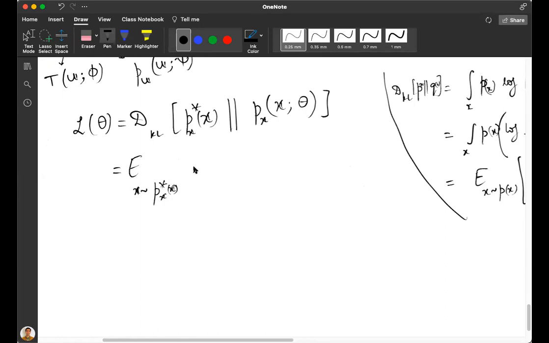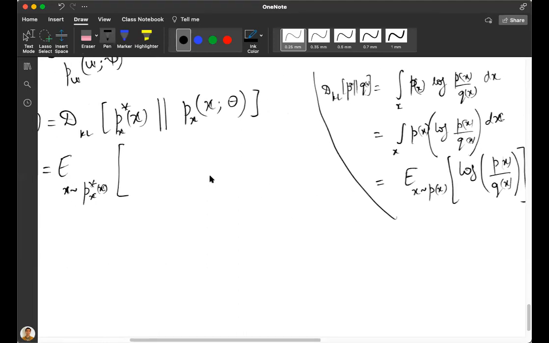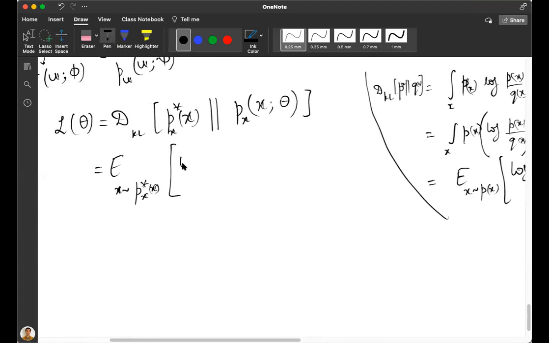And expectation of what? Log of px minus log of qx, right? So I will write it like this: log of p star x minus log of p x.